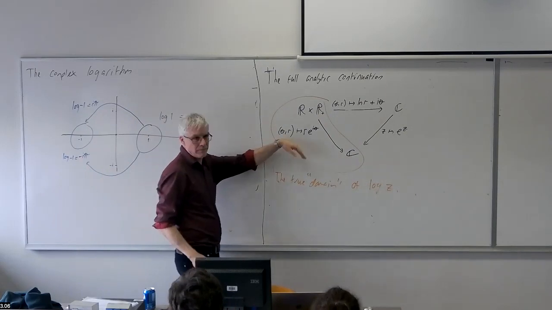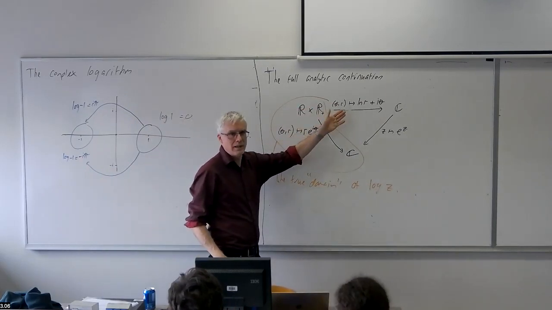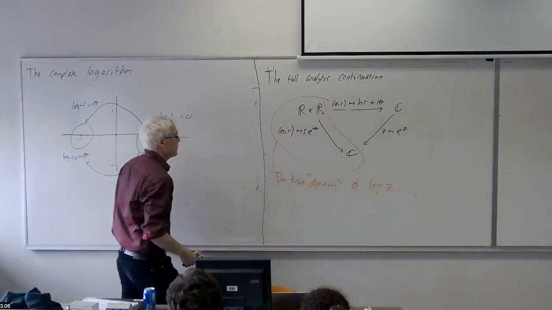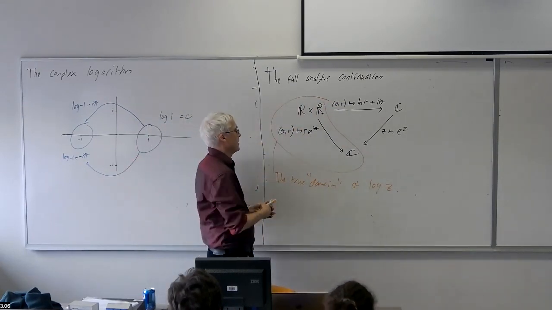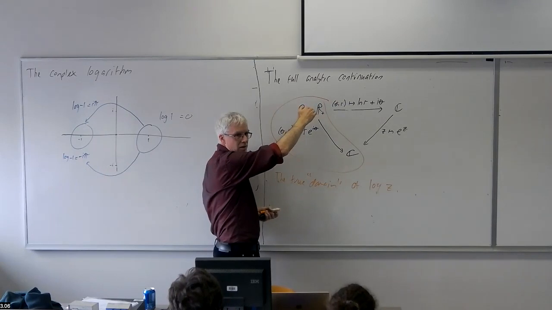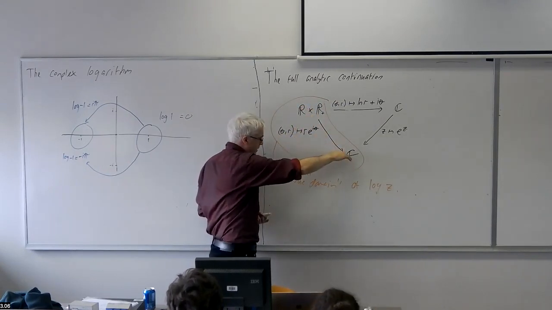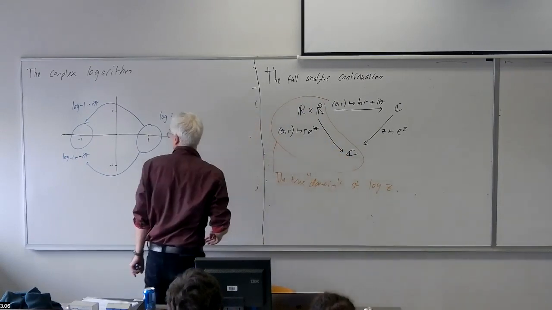And these kinds of observations were what led Riemann to develop the theory of Riemann surfaces, where these domains are Riemann surfaces, they're complex manifolds living, in this case, over the complex numbers.